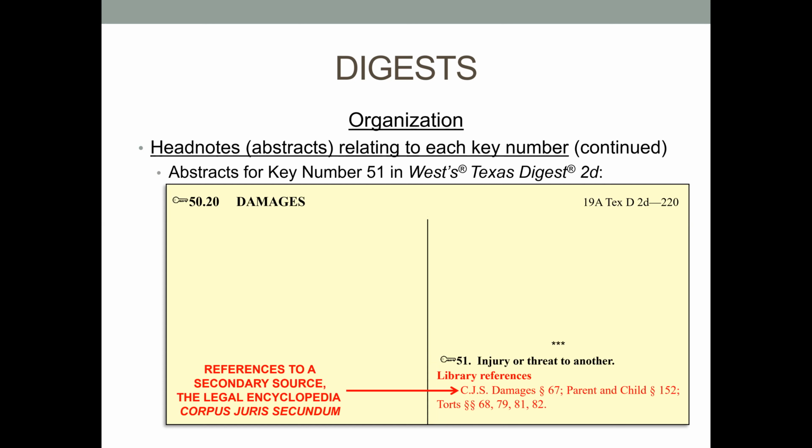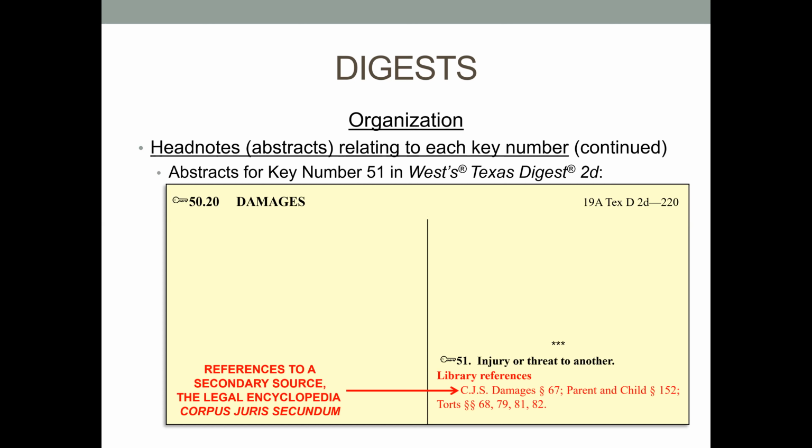Now notice that there are what is called library references right under this heading. Occasionally in the digest, West will suggest another West published resource on the particular subtopic. And here CJS refers to the National Legal Encyclopedia published by West called Corpus Juris Secundum.